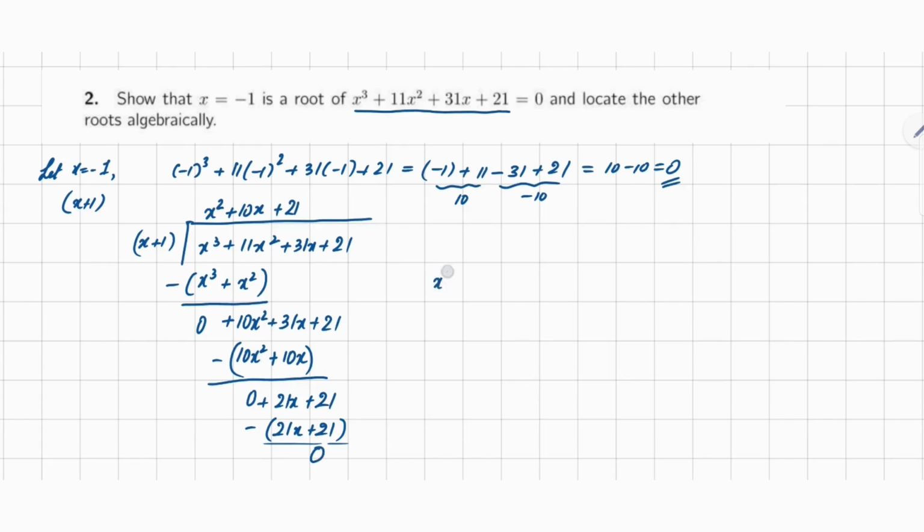So our polynomial can be written as x squared plus 10x plus 21 times x plus 1 equals 0.